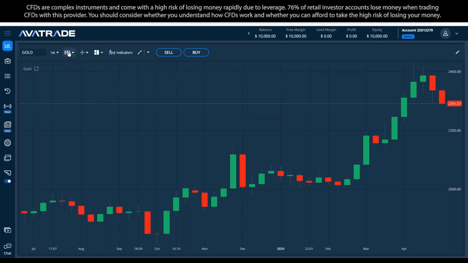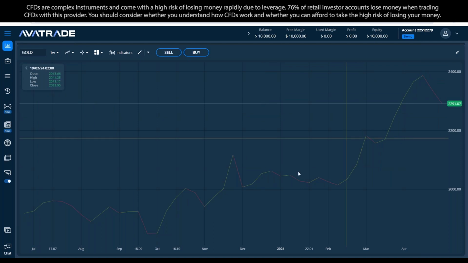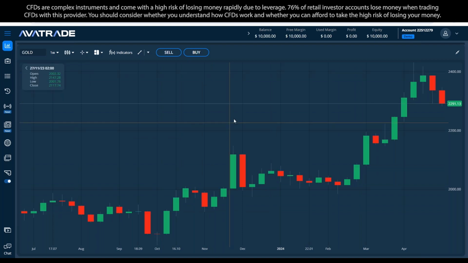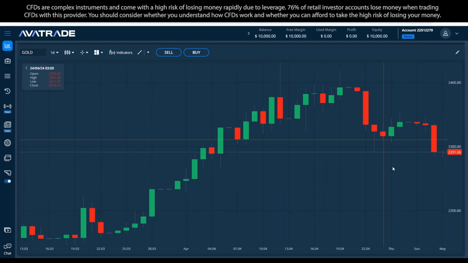Okay, and what I skipped is to change the chart shape, whether it's presented in candles or with a line. We already know, let me quickly go back to days. We already know that the candles have some advantages that the line doesn't allow us to see, which can be critical.